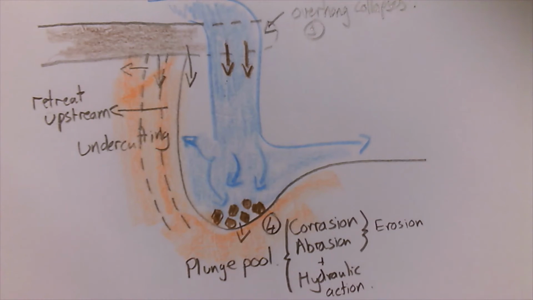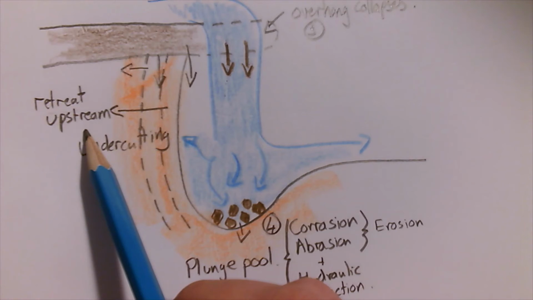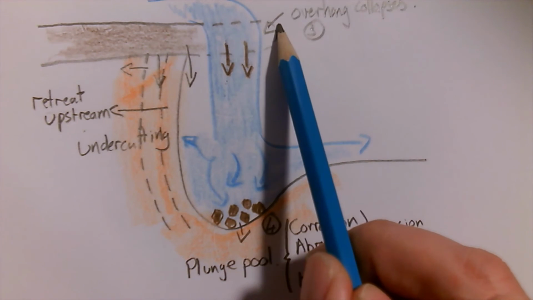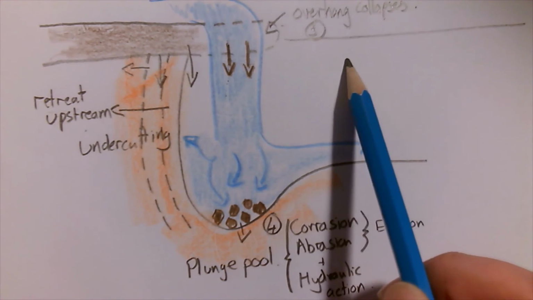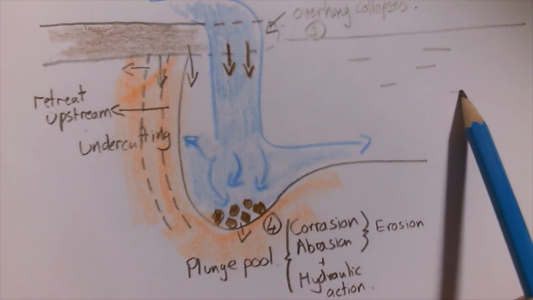What can we say happens to the waterfall as this process repeats over and over? Please, Mohammed. Very good. The waterfall retreats upstream. And what it leaves behind is a steep-sided gorge.